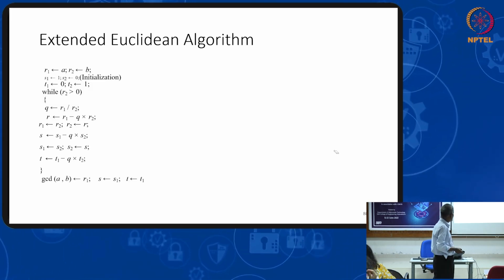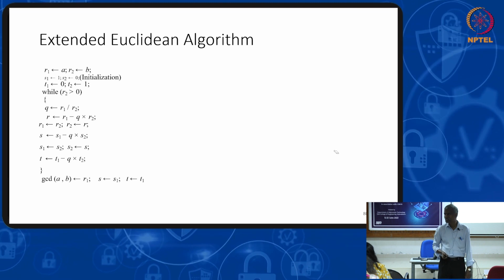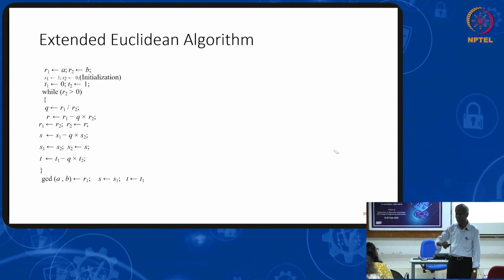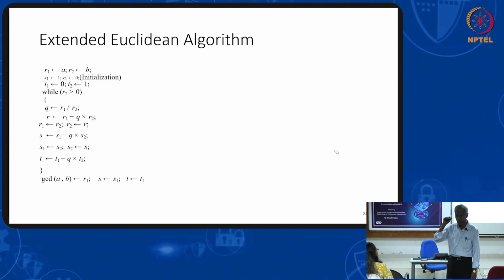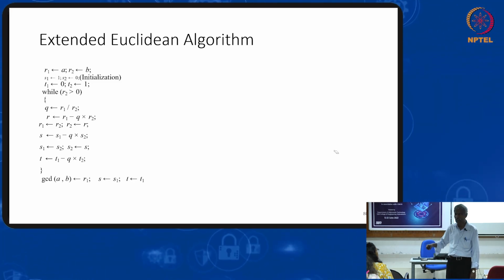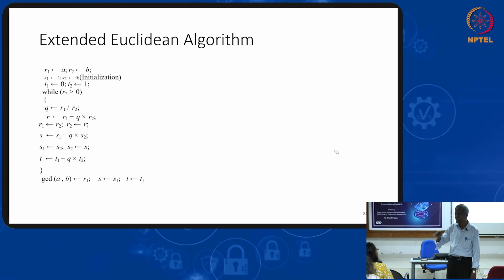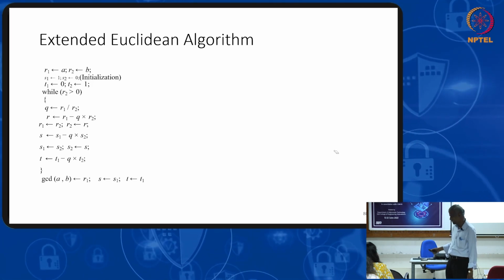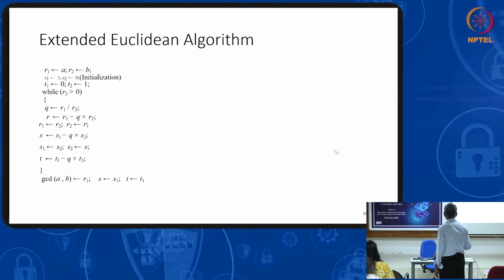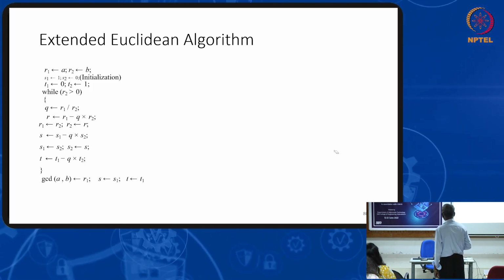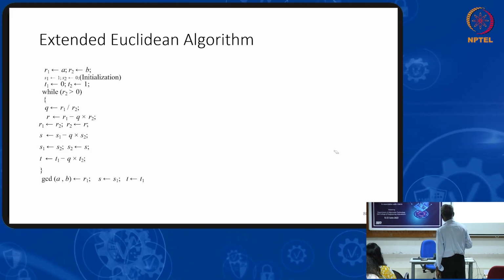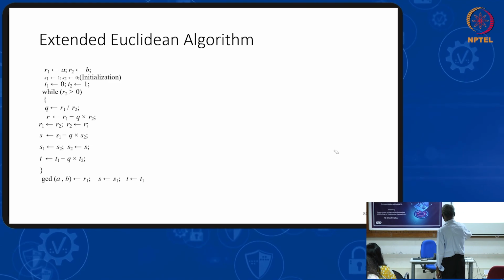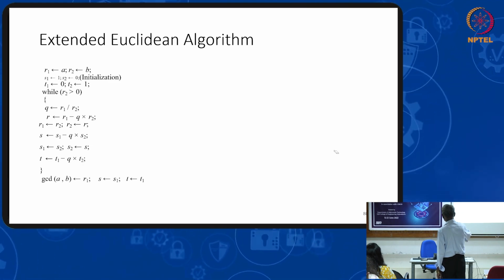Now we are extending the Euclidean algorithm to find the multiplicative inverse also. It will be useful. If you follow the Euclidean algorithm in this format, you can check whether a multiplicative inverse exists. First, R1 equals A, R2 equals B. We are introducing 4 more variables: S1 equals 1, S2 equals 0, T1 equals 0, T2 equals 1.